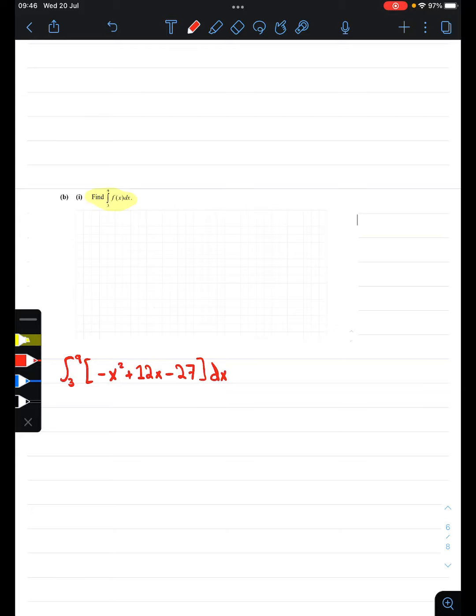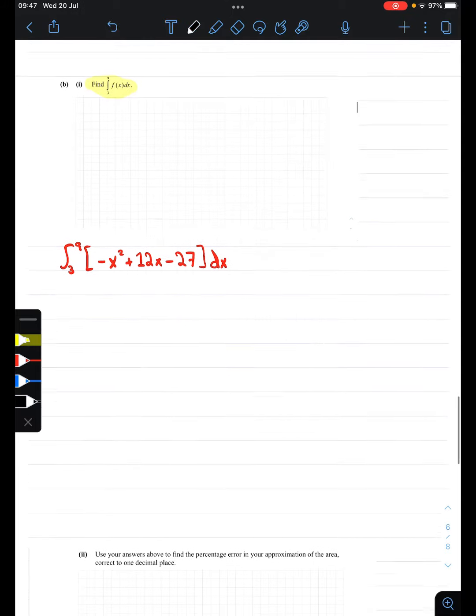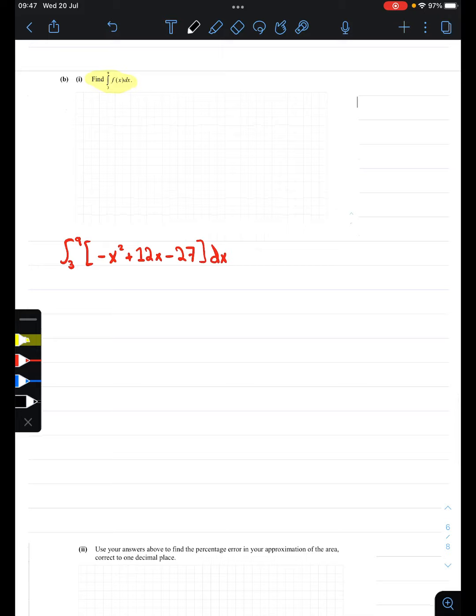Okay. Well, we can use our log tables and go to the integration section, and we see that the integral of x to the n is x to the n plus 1 over n plus 1.